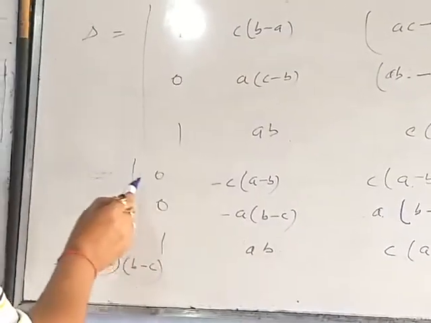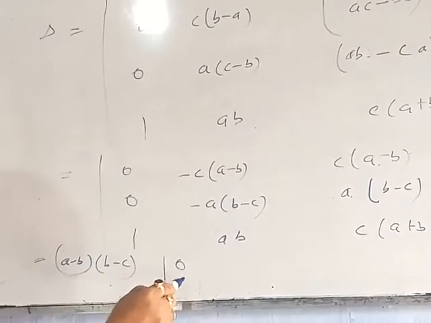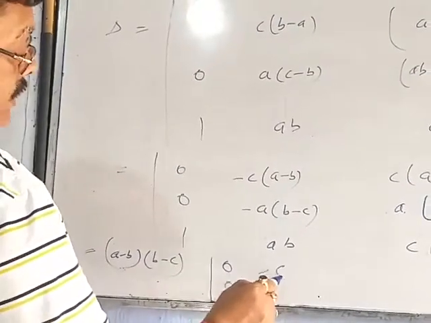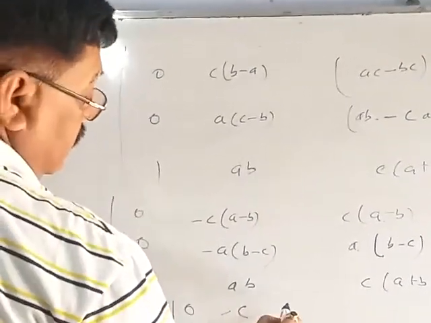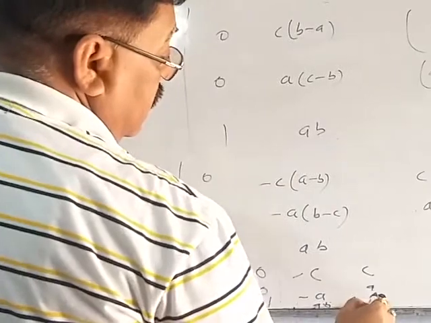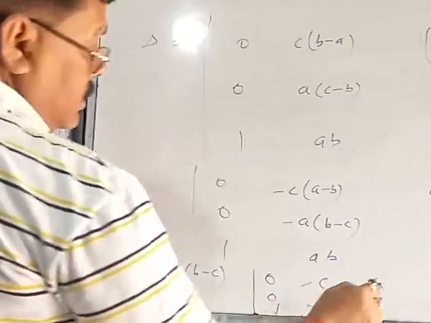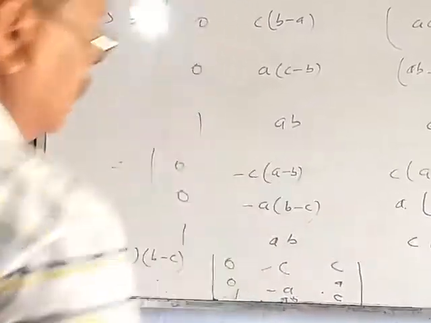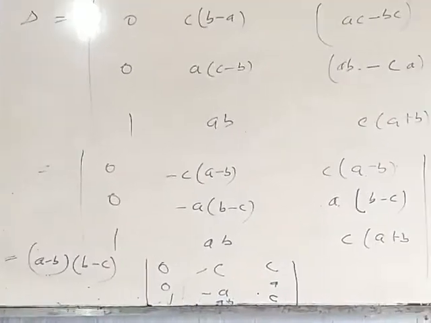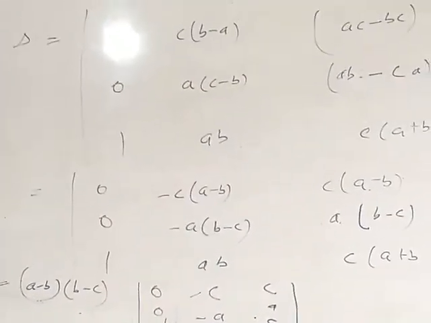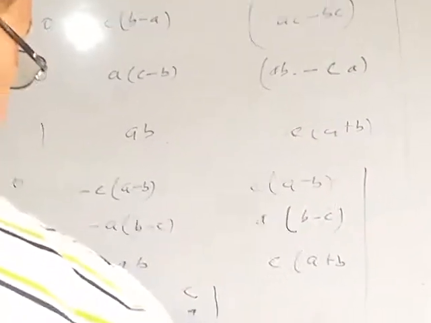In the first row A minus B, in the second row B minus C. So remaining 0, 0, 1; minus C, minus A; AB, C(A plus B).